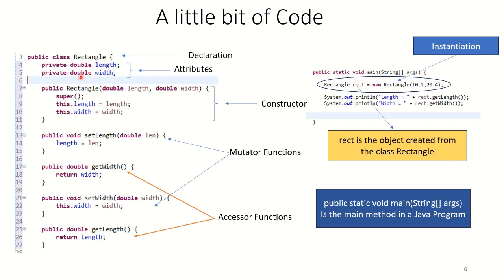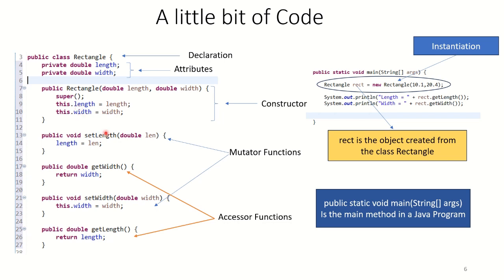Then we define a special method, the constructor, in line number 7 to 11. We will discuss in detail about the constructor later, but for now we can say that a constructor is used to create a new instance of a class.